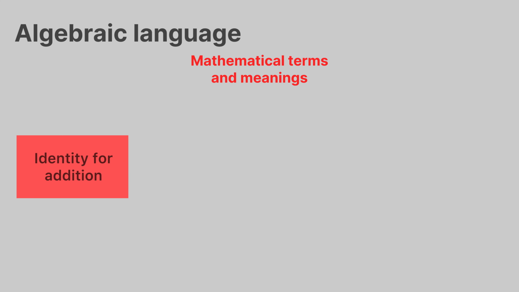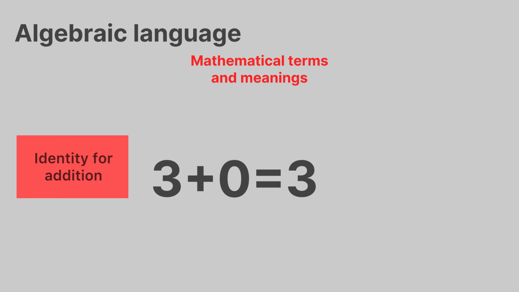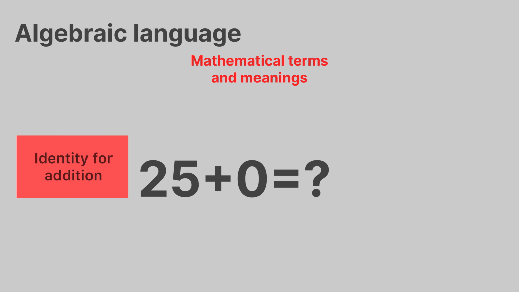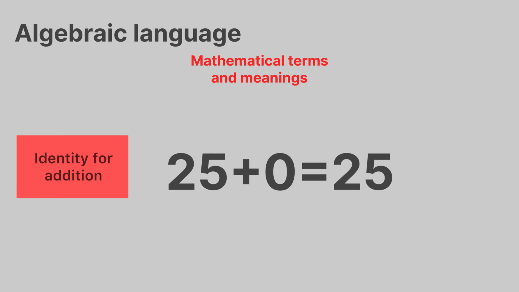An example for that, if I have 3 plus 0, what is the answer? The answer will be 3 because any number that is added to 0 will be that number. If I have 25 plus 0, what is the answer? The answer will be 25 because any number that is added to 0 will equal that number.